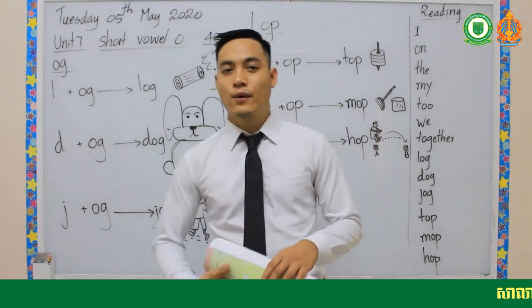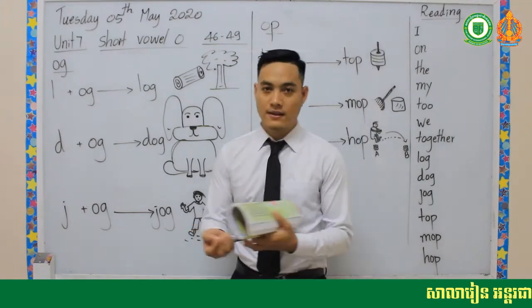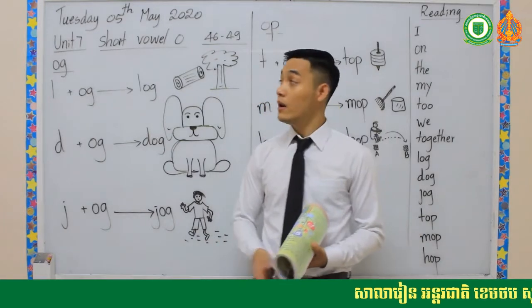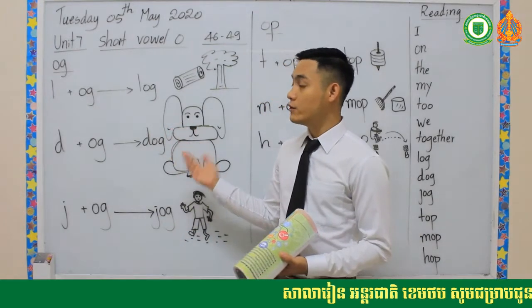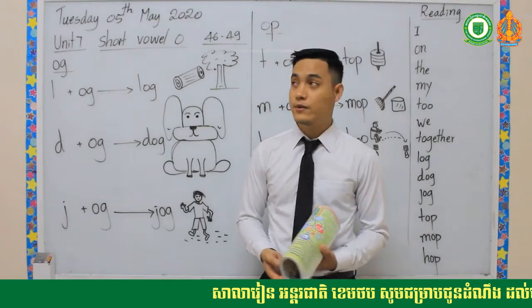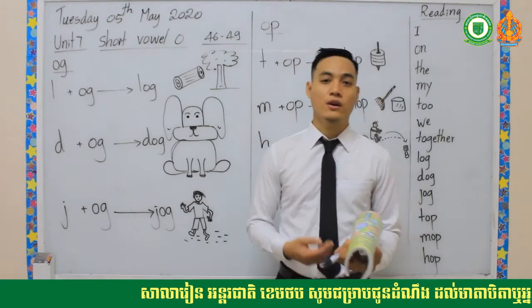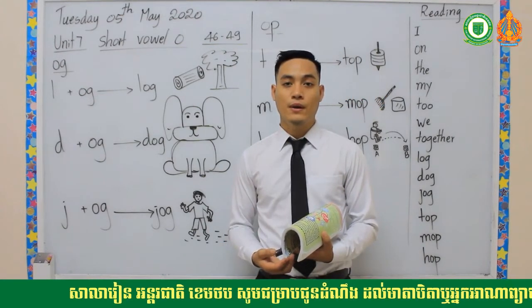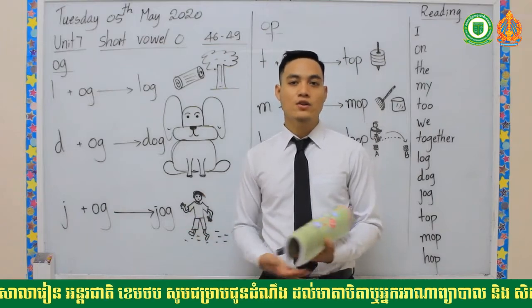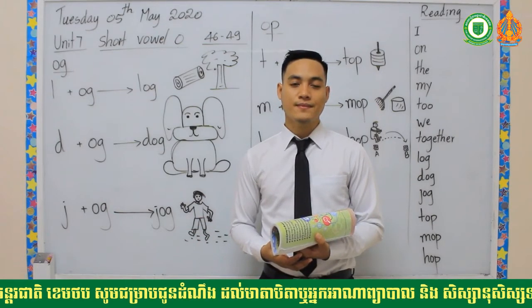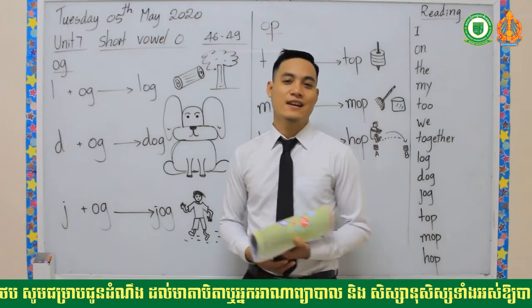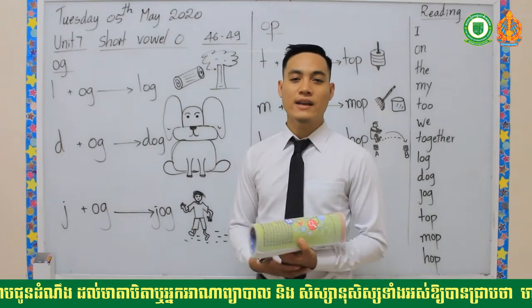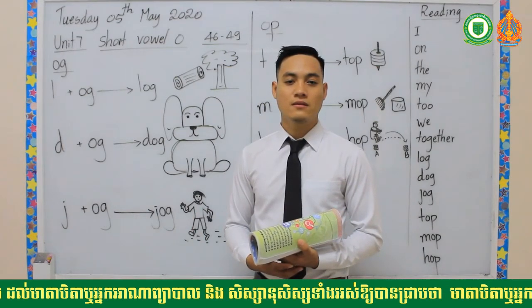So what you have learned in the previous video, you have learned about Unit 7, that you learned about short vowel O. So can you tell me what sound of short vowel O? Yes, the short sound of O is up.